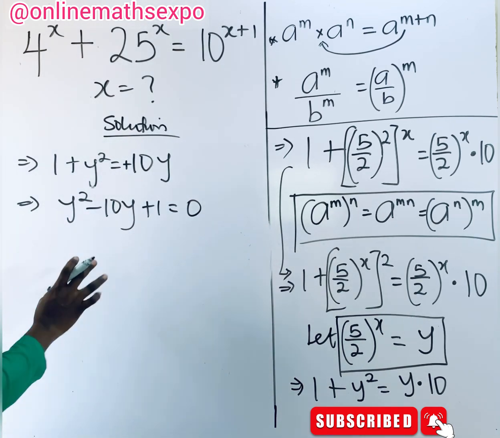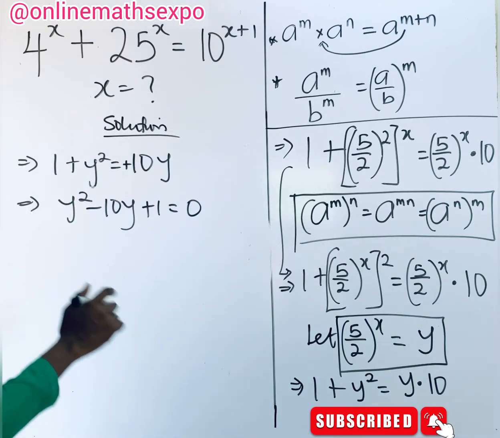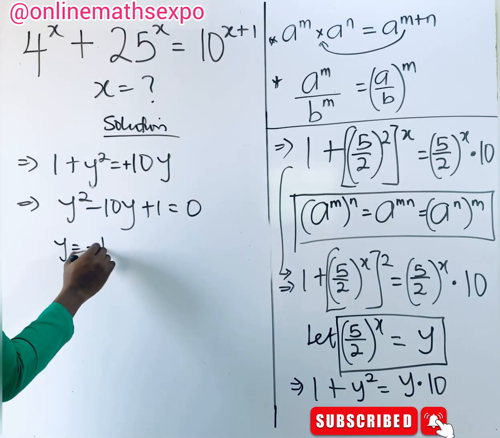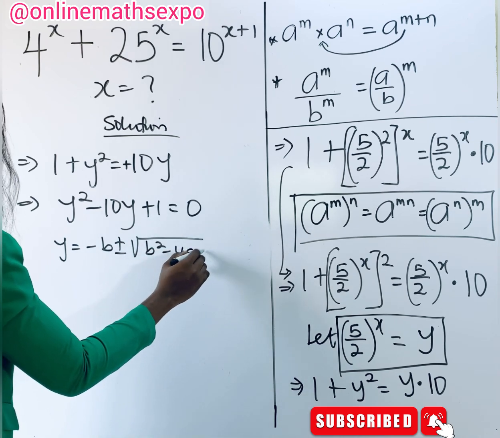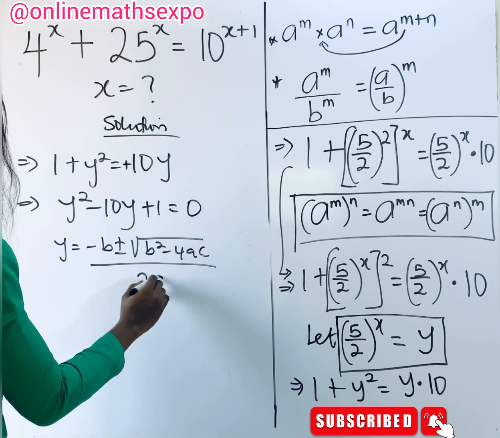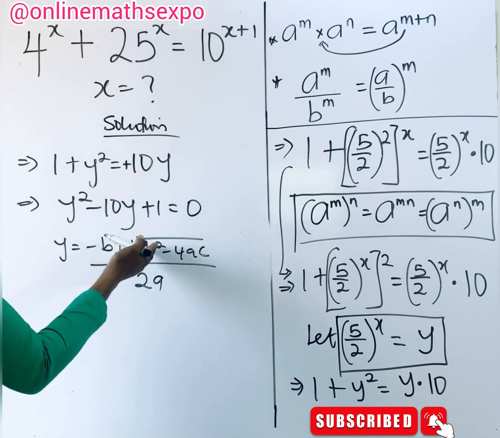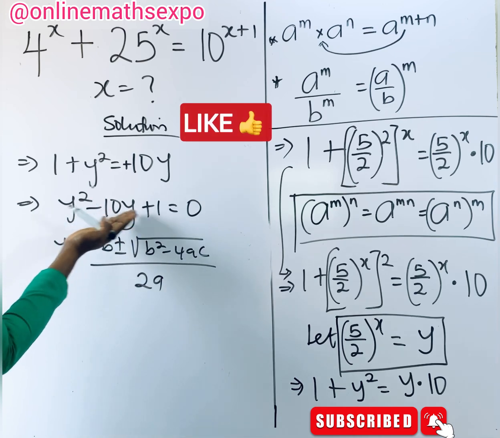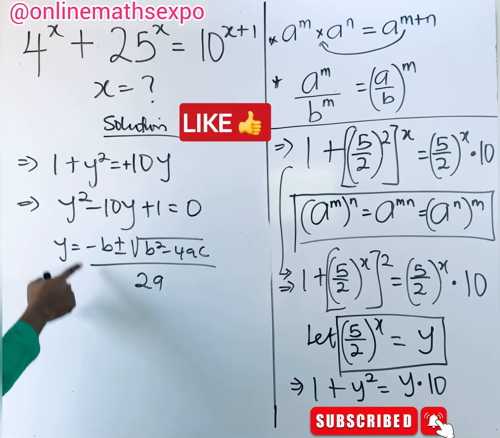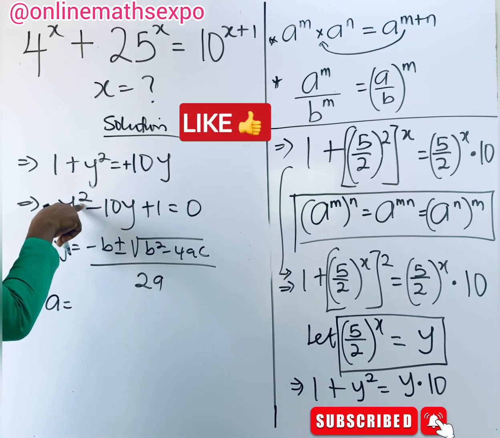To solve this quadratic, we are going to use the formula method, which says that y is negative b plus or minus square root of b squared minus 4ac, divided by 2a. Now, we need to get the values of a, b, and c from the equation. The value of a here is the coefficient of y squared.